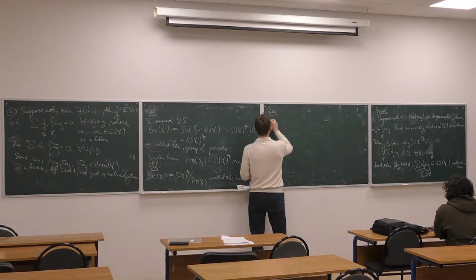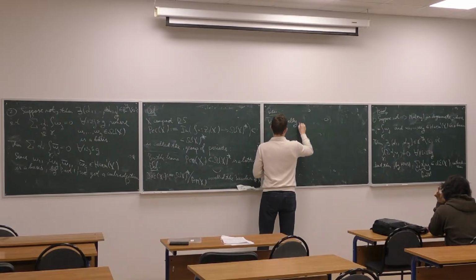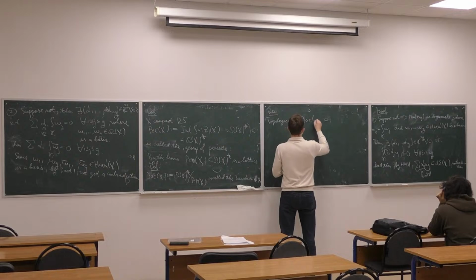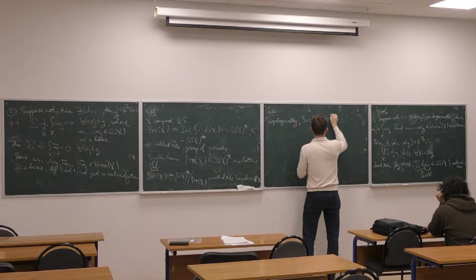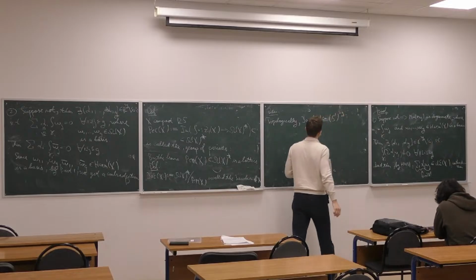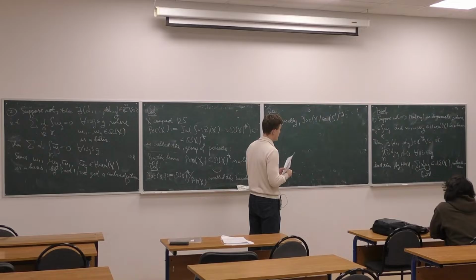So topologically, the Jacobian of X is homeomorphic to S1 to the power 2g.